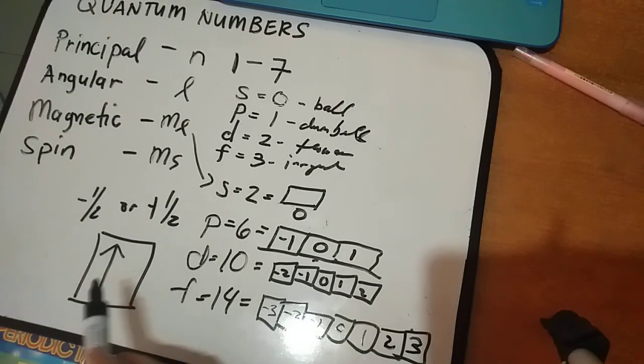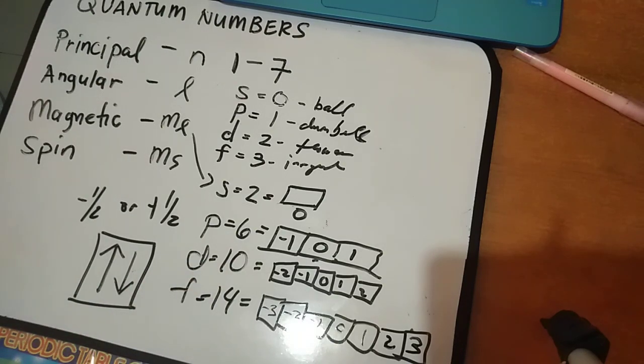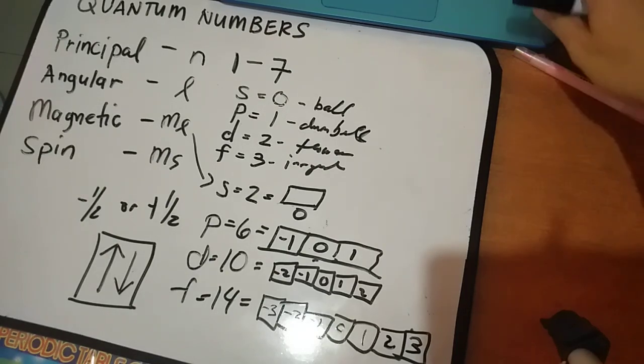Okay? Kapag arrow down, negative 1/2 yung value ng spin quantum number. So, try natin gumawa ng isang sample ng quantum numbers para maintindihan natin. Okay? Kung papaano.